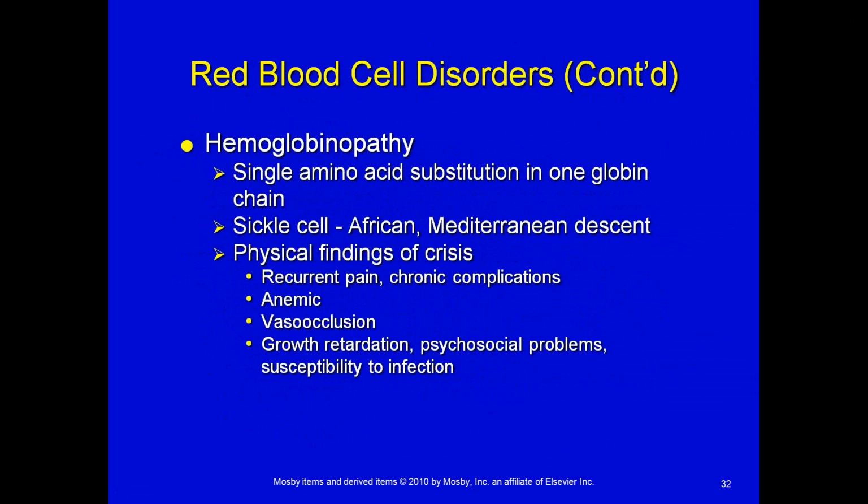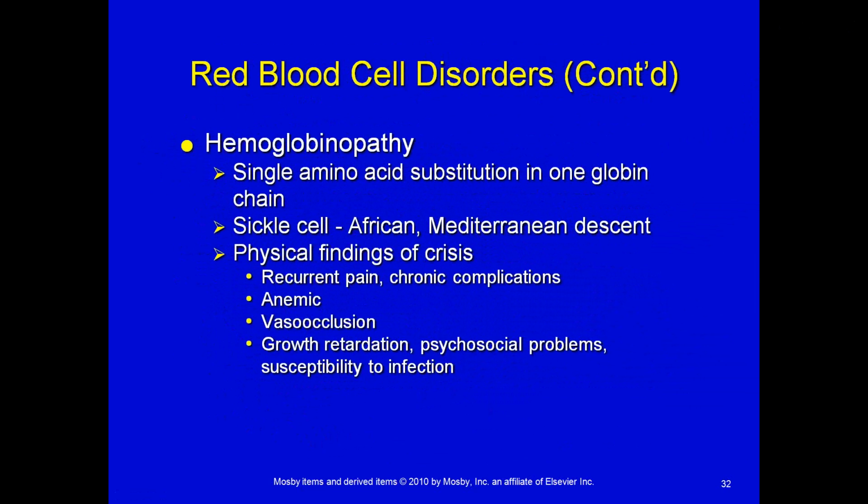Hemoglobinopathies occur as a result of a single amino acid substitution in one globin chain. A good example of a hemoglobinopathy would be sickle cell disease. Sickle cell is more common in African Americans and Mediterranean descents. The shape of the red cell is actually that of a half moon or a sickle.